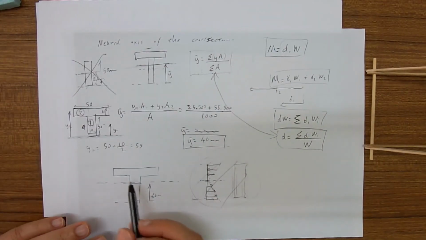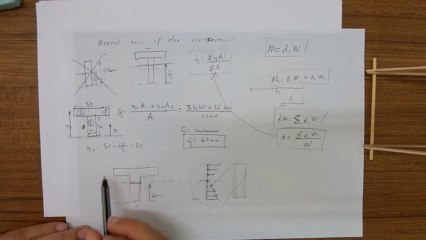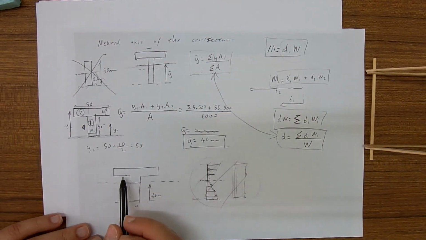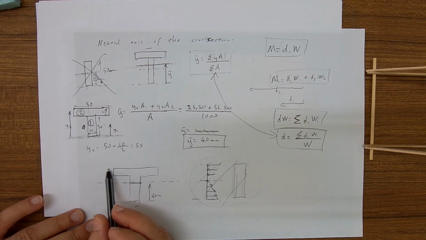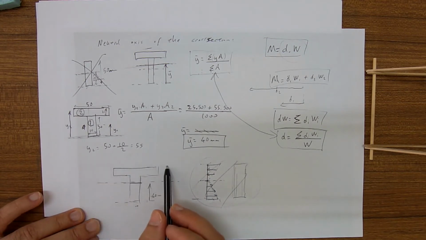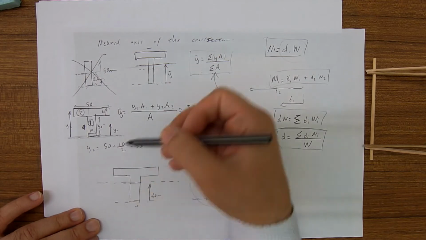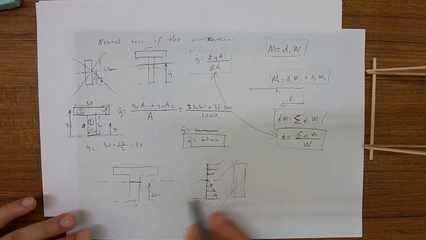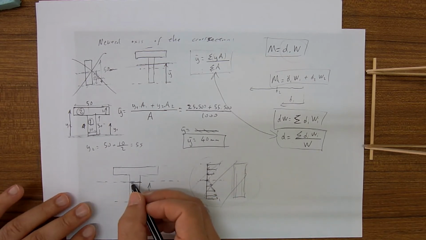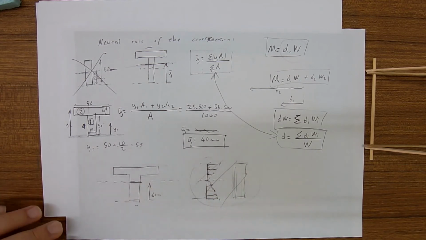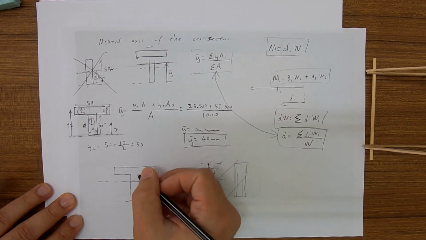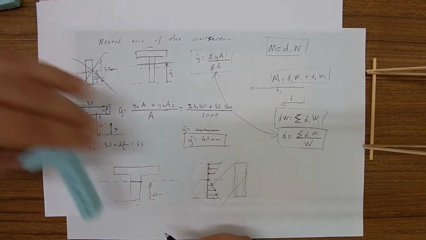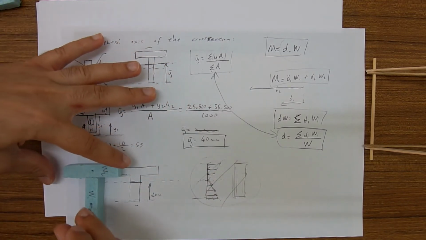We know that the maximum normal loads or normal stresses will happen at the ends, at the top or bottom of the section. So if we want to draw a normal stress distribution on this section, say this is how you look at the section now.